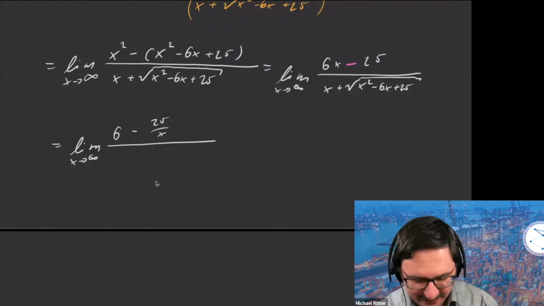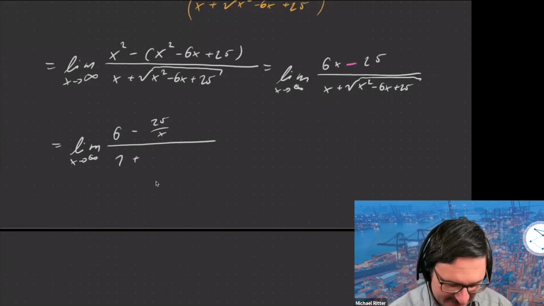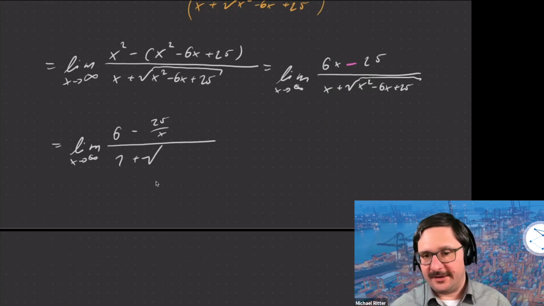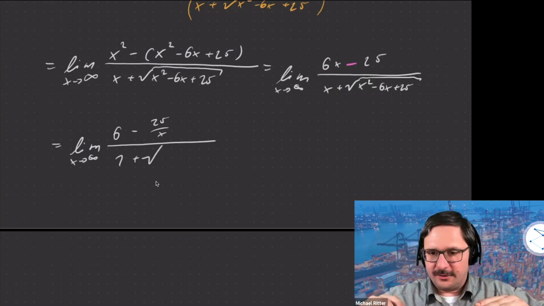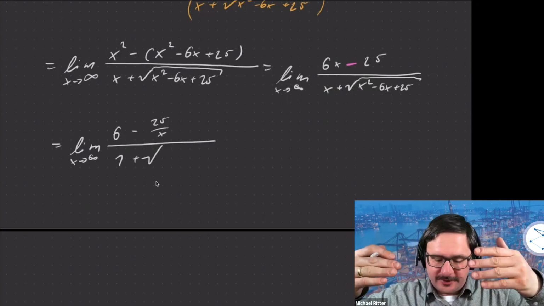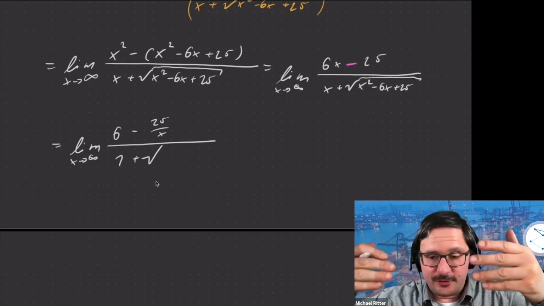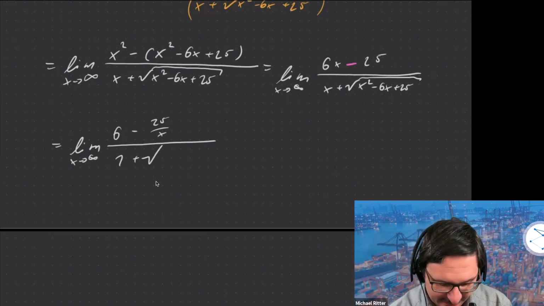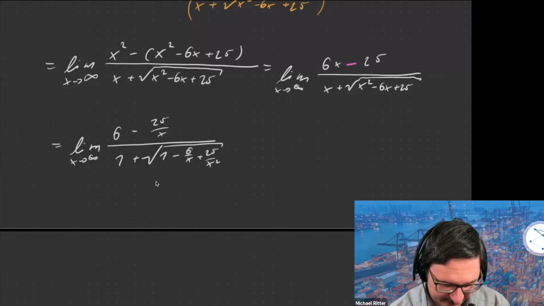And in the denominator, we get 1 plus the square root. And we also need to divide that by x. So if we take that x into the square root, then we divide everything in the square root by x squared. So we get 1 minus 6 over x plus 25 over x squared this way.